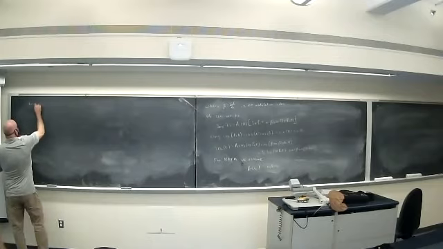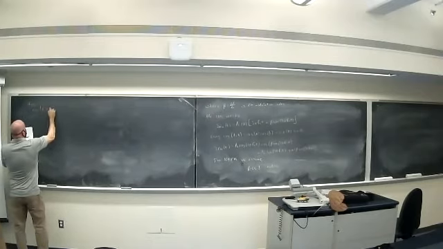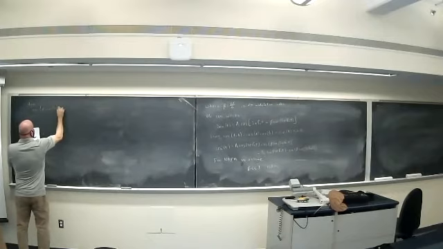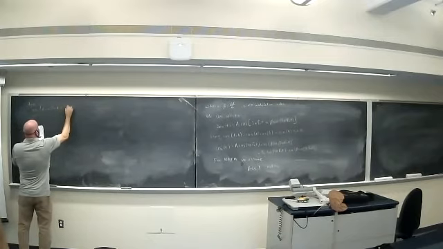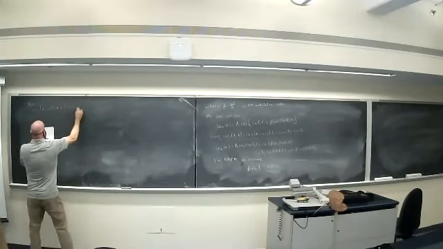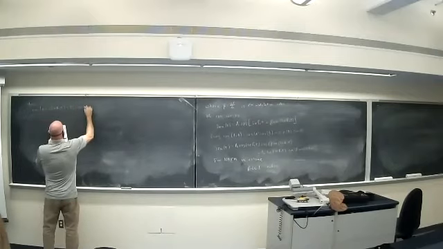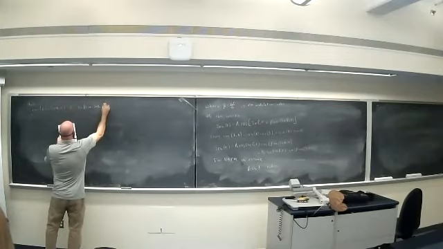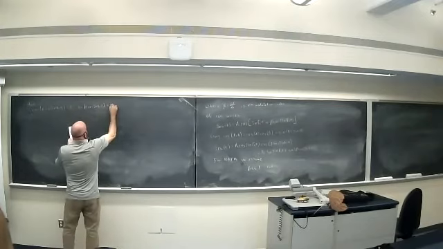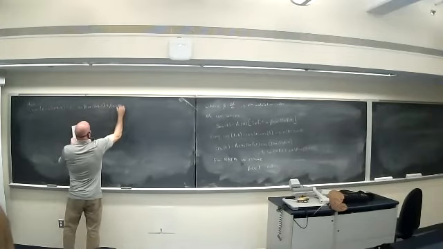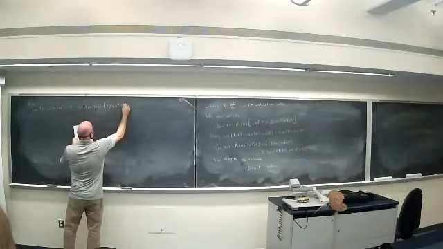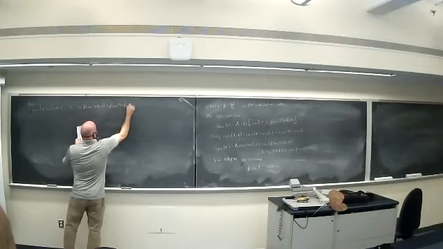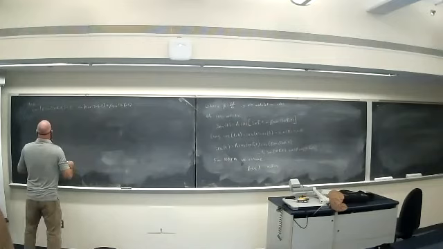So with this approximation, cosine of beta sine of 2 pi fm t is approximately 1, and sine of beta sine of 2 pi fm t is approximately the angle, beta sine of 2 pi fm t. Okay.